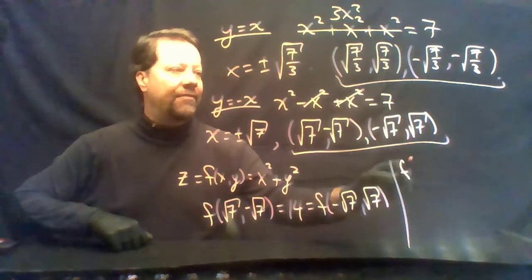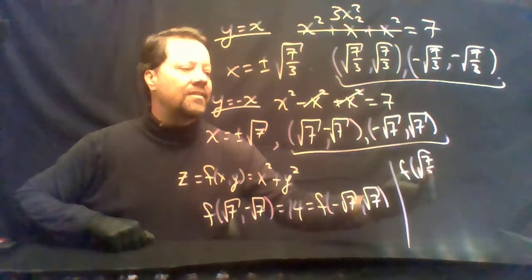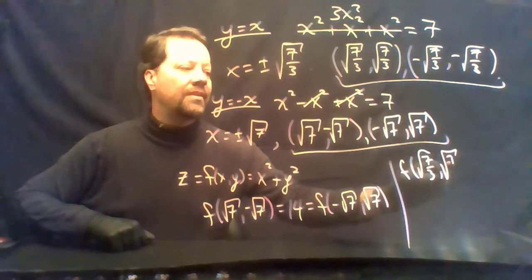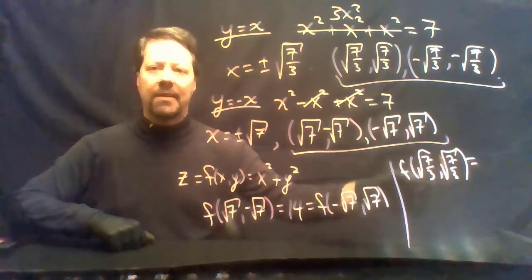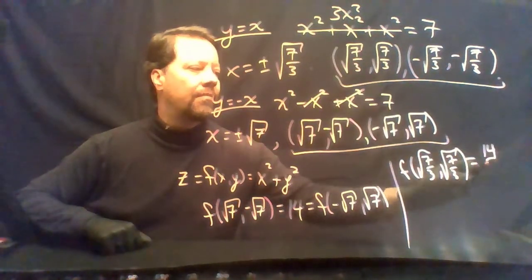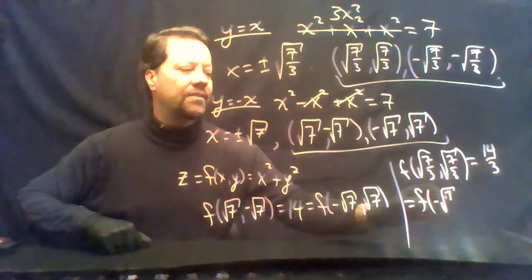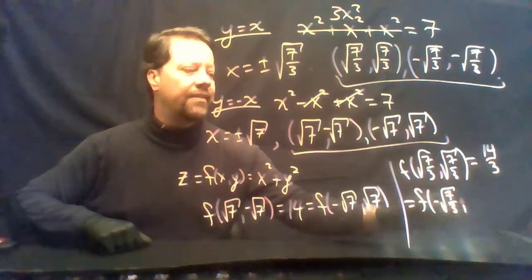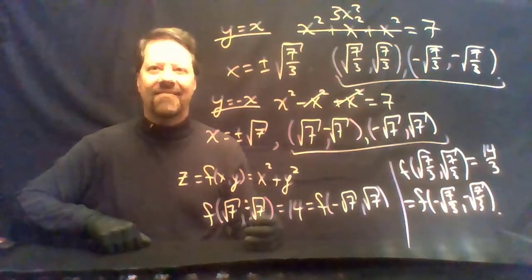Also, if we evaluate our function at root 7/3, root 7/3, we will get 7/3 plus 7/3, which is 14/3. But that gives us the same value at the other critical point, negative root 7/3, negative root 7/3.